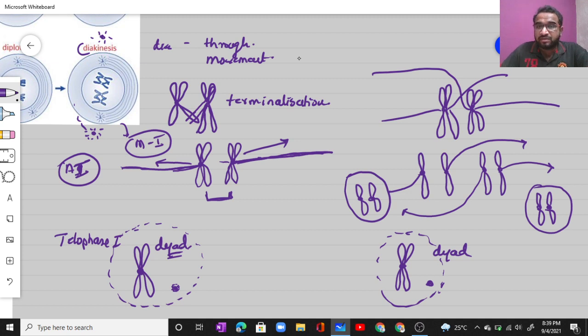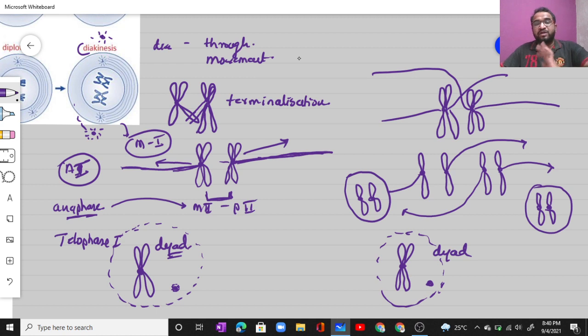In some cases, I've also told you that from the anaphase only, let me revise it, from the anaphase they will skip the telophase. Sometimes in some cells, when the anaphase is over, they will skip the telophase and directly enter into meiosis 2, that is, prophase 2.